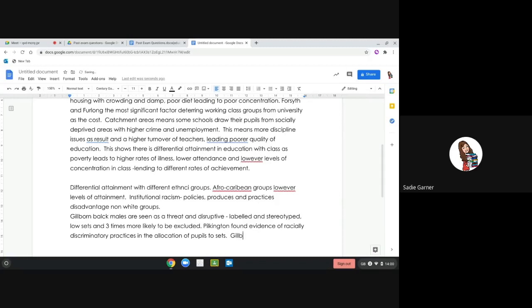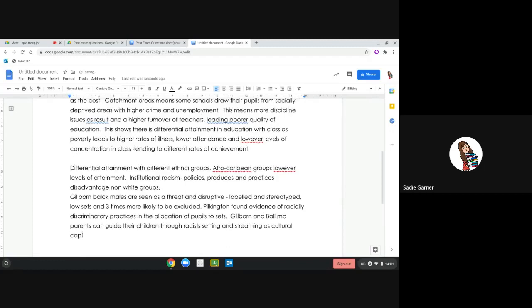And Gilborn and Ball note that middle class parents can guide their children through racist setting and streaming as cultural capital acts as a shield.